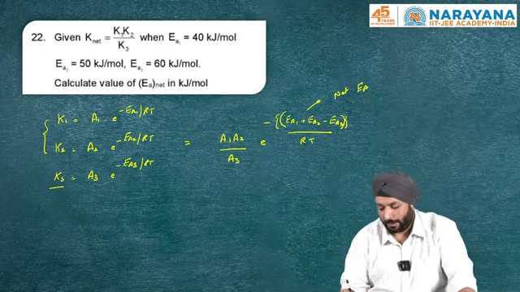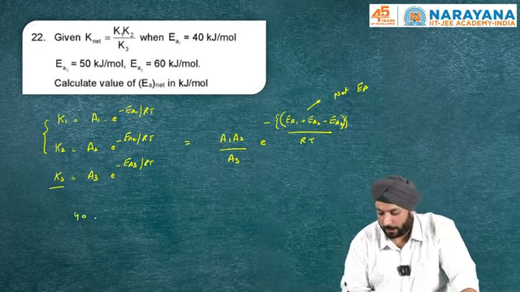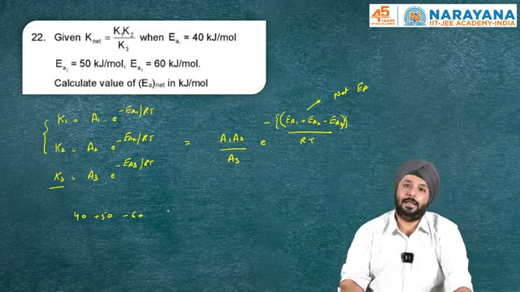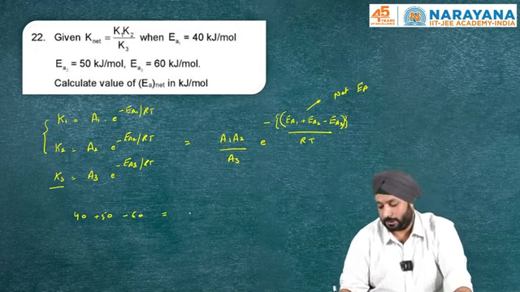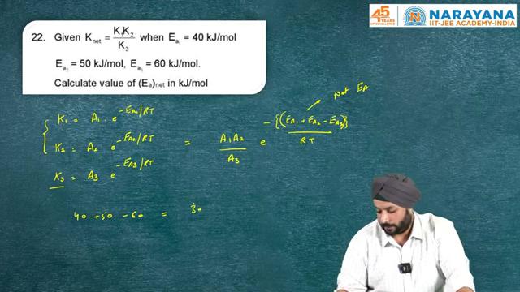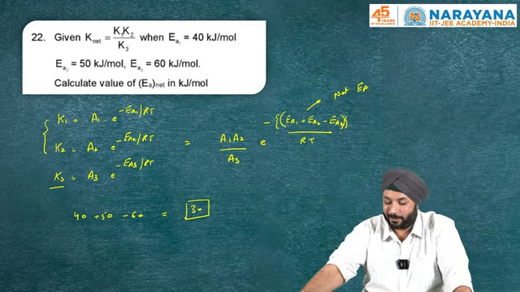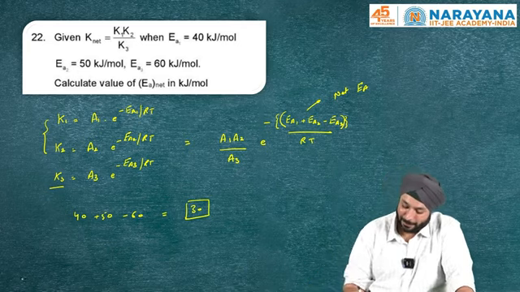So very simple, net EA will be 40 plus 50 minus 60. So answer is supposed to be how much? Simple. So we'll move ahead, right?